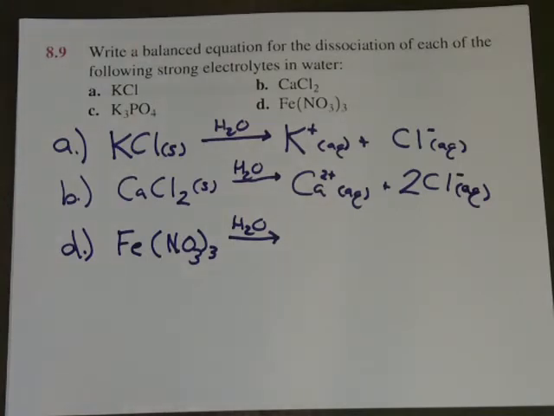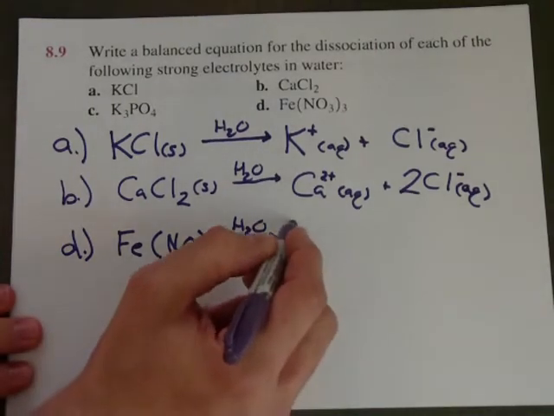And so we didn't really go in depth into polyatomics. I would tell you what the charge would be, but you have to know that it's going to stay together. But NO3 has a -1 charge, and so if we have 3 of them, there's going to be a total of -3 charges from the NO3, or the nitrate groups. And so that means iron would have to be a positive 3.